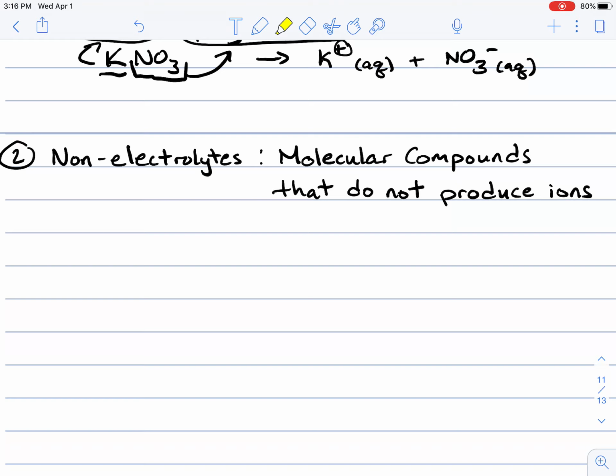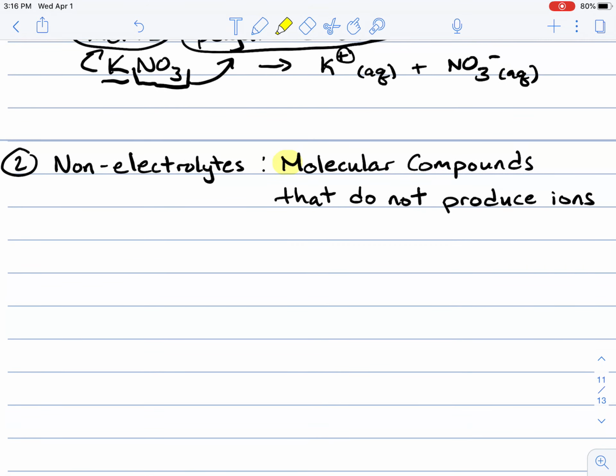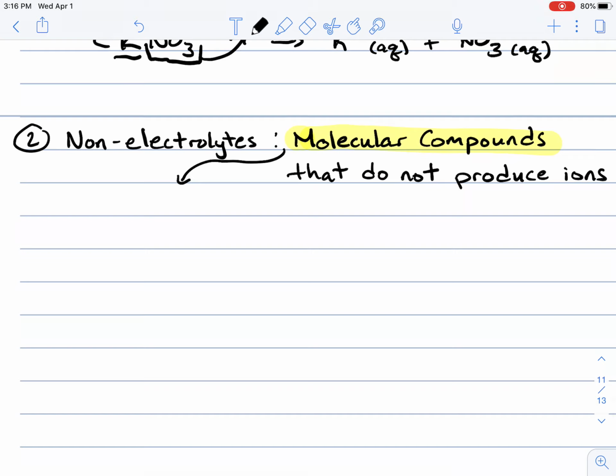One way that you can identify if a compound is molecular is by looking at the elements and seeing where they are in the periodic table. So for example, if you have C6H12O6, carbon, hydrogen, and oxygen are all nonmetals.